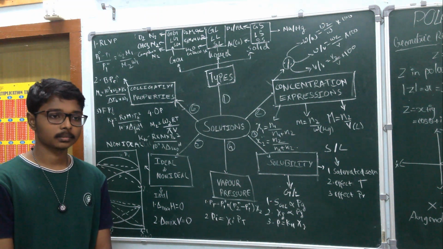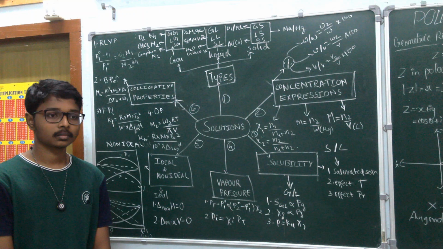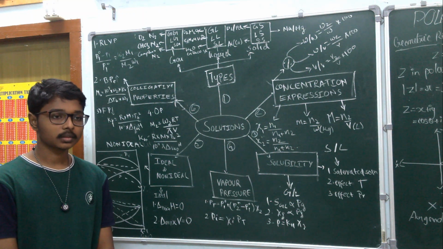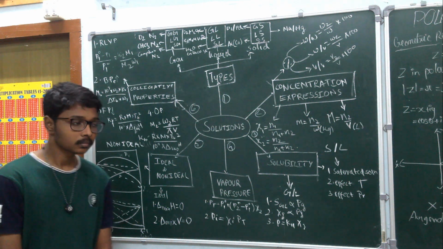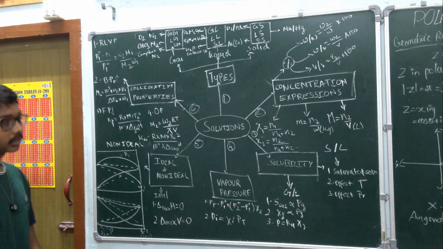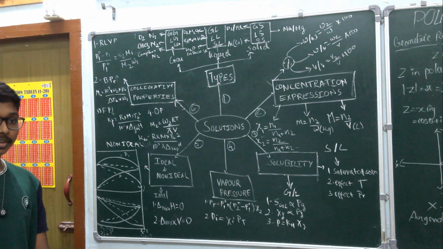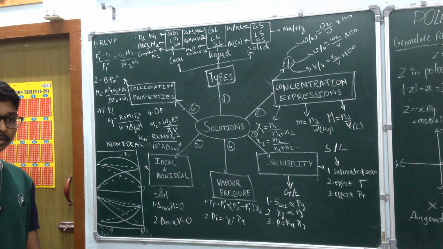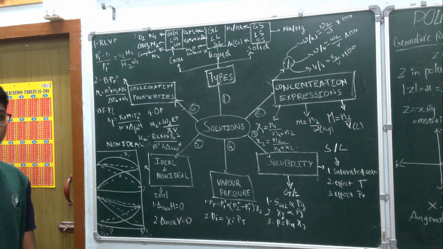Based on the amount of solute, these properties vary. In these cases, you would have noticed there is a molar mass, M2. With the help of colligative property studies, we can determine the molecular mass of the solute.